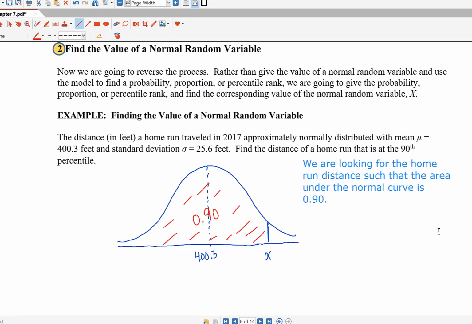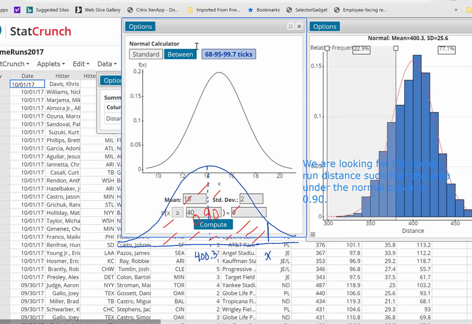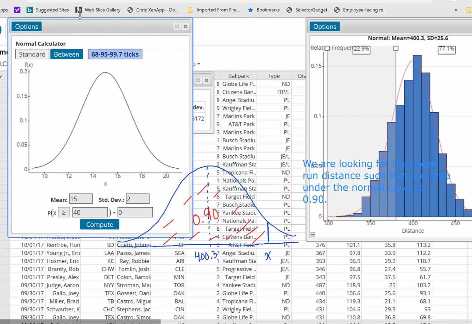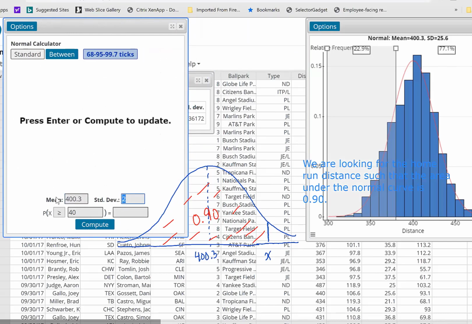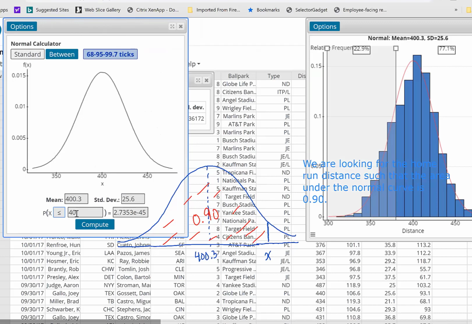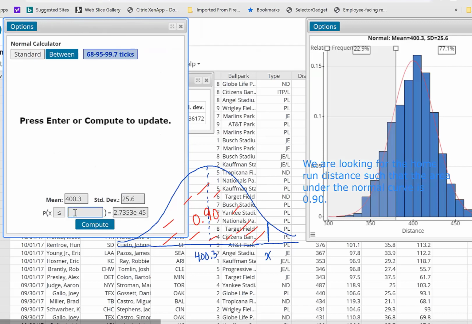So to do that, you're going to go back to StatCrunch. Our mean was 400.3, and our standard deviation was 25.6. We want the area to the left. We don't know the value of X. We're trying to figure that out. But we do know the area is going to be 0.9.